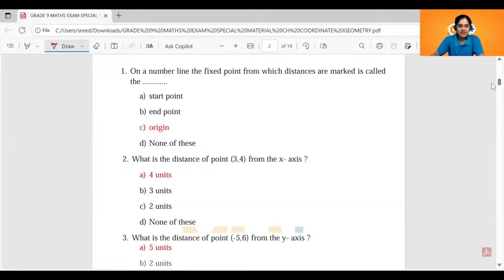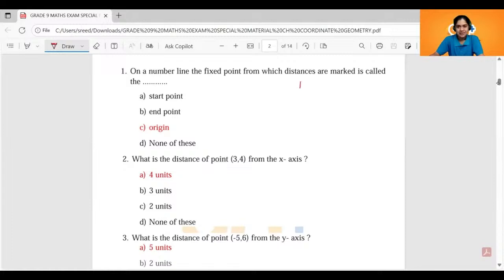Question number 1. On a number line, the fixed point from which distances are marked is called the dash. We are dealing with the chapter coordinate geometry, that means we are dealing with the coordinate plane. So which is the fixed point from which the distances are marked in a coordinate plane?